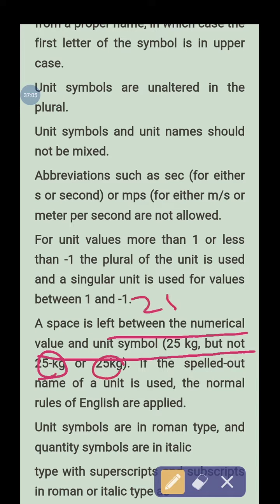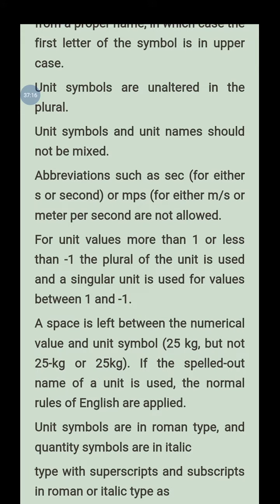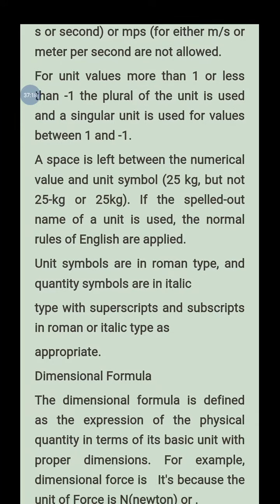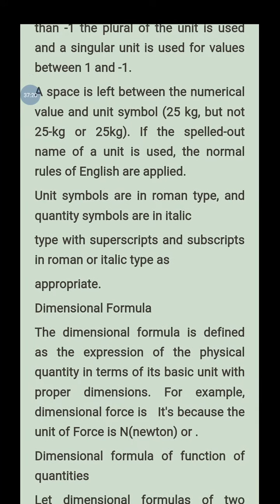Take some space: 25, then kg. If the spelled out name of the unit is used, the normal rules of English are applied, whichever we use in our grammar.